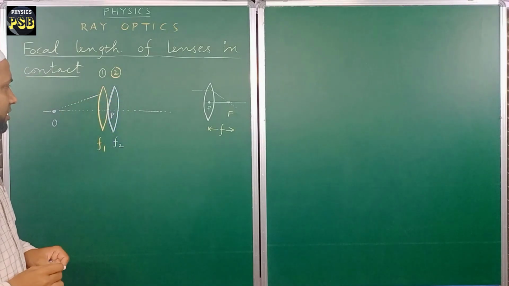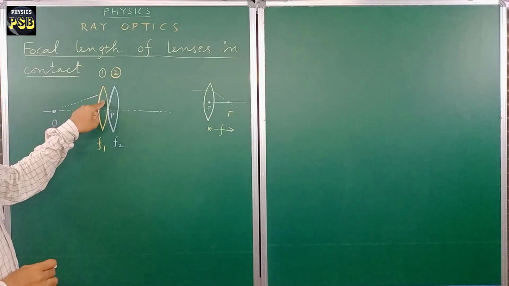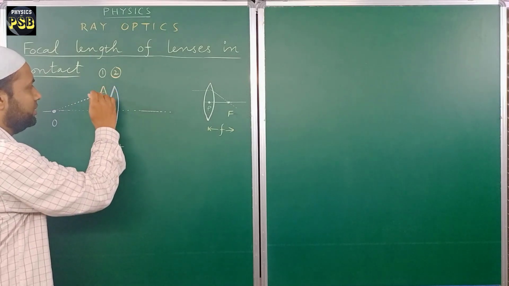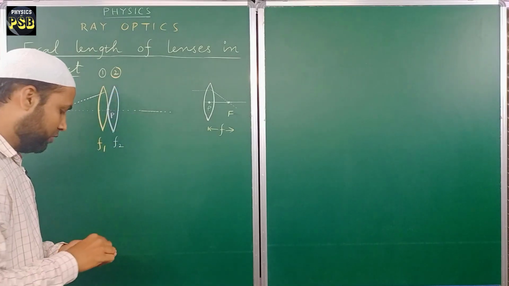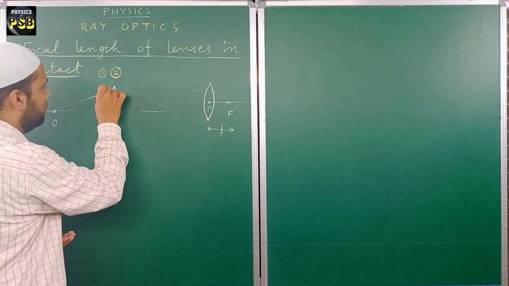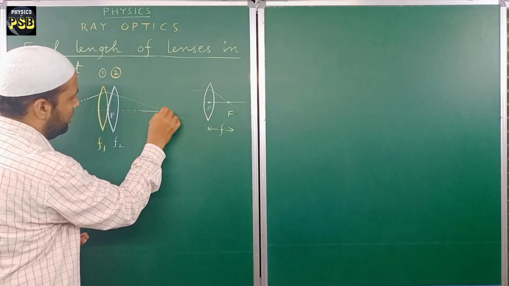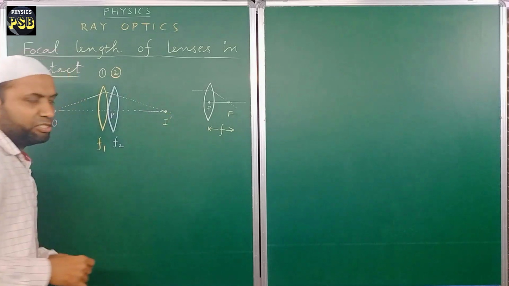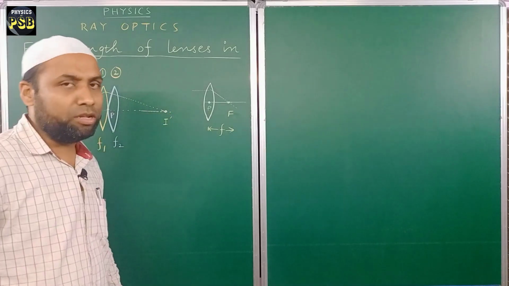If I consider the presence of only one lens, then refraction may occur, and as a result, it will produce an image here at this point I dash. Here I dash is the virtual image.